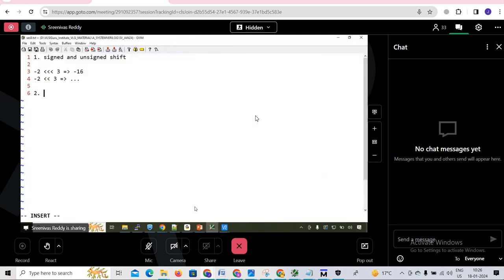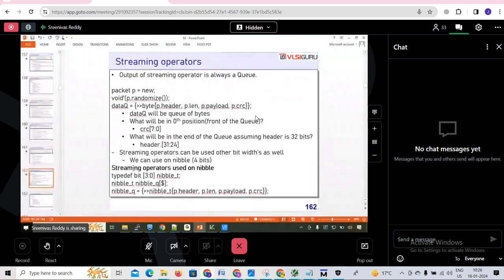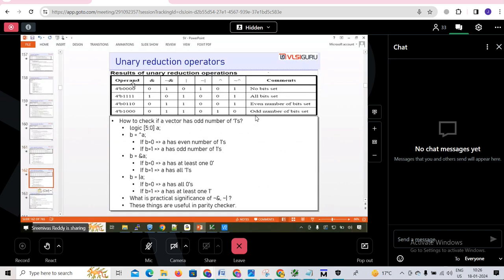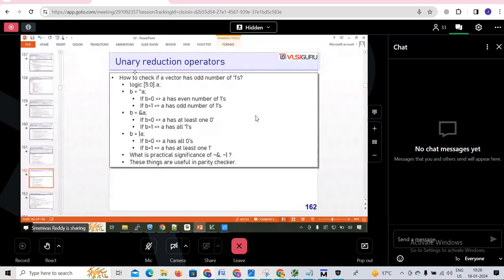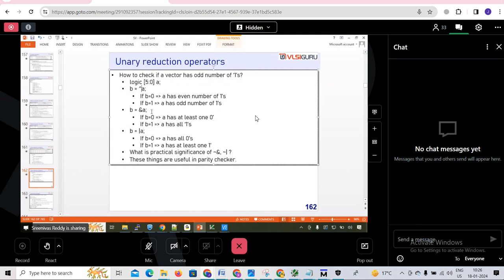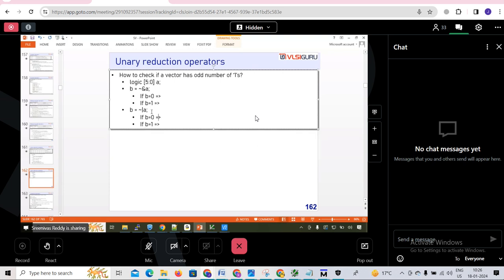if reduction NAND, if B comes as 0, what does it indicate?